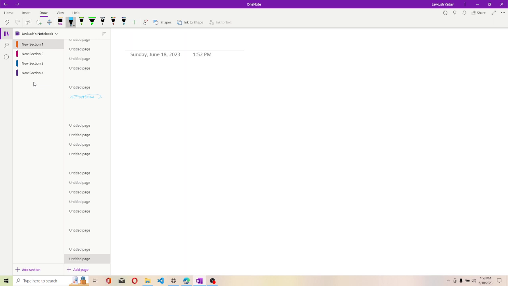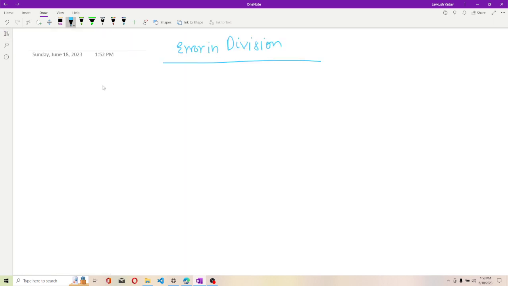Okay, error in division. So suppose we have A plus minus delta A upon B plus minus delta B. So how can we see it? Suppose we have 1 upon R equal to 1 upon R1 plus 1 upon R2.